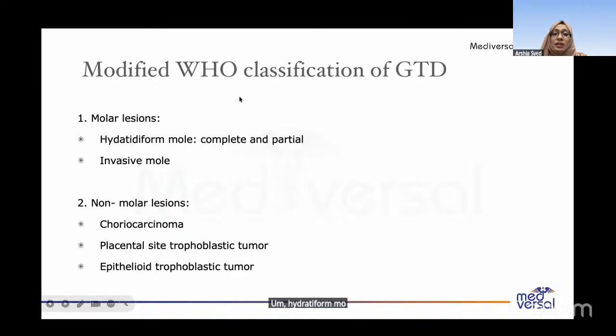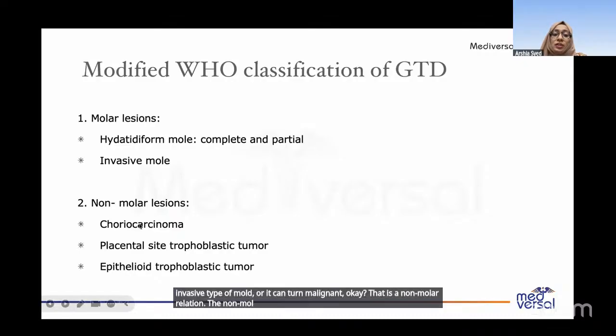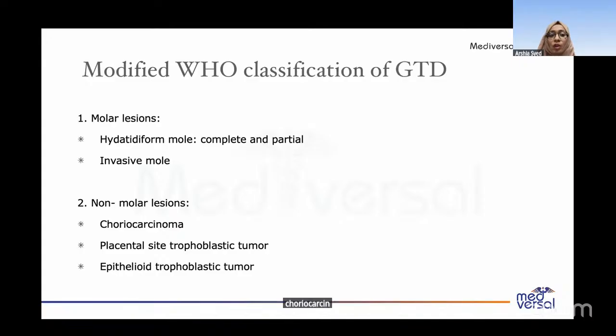Hydatidiform mole can be either a complete or partial mole, or it can be invasive. It can invade through the myometrium of the uterus. So that is the invasive type of mole, or it can turn malignant. That is a non-molar lesion. The malignant part of it is choriocarcinoma, or a placental site trophoblastic tumor, or an epithelioid trophoblastic tumor.